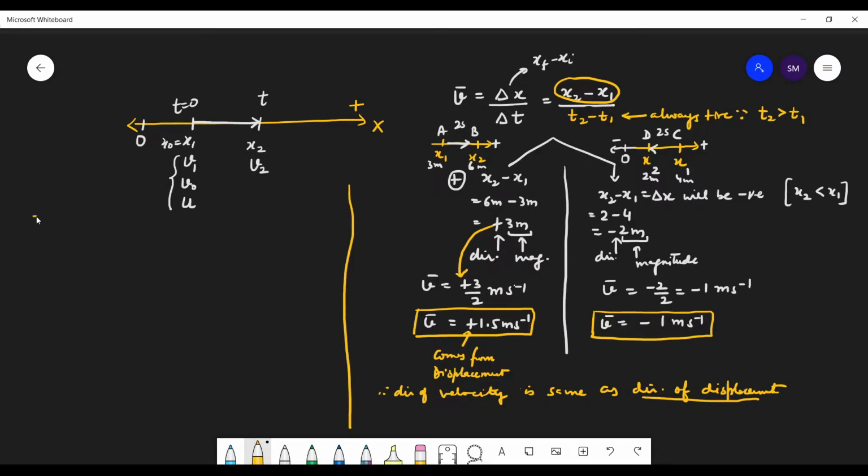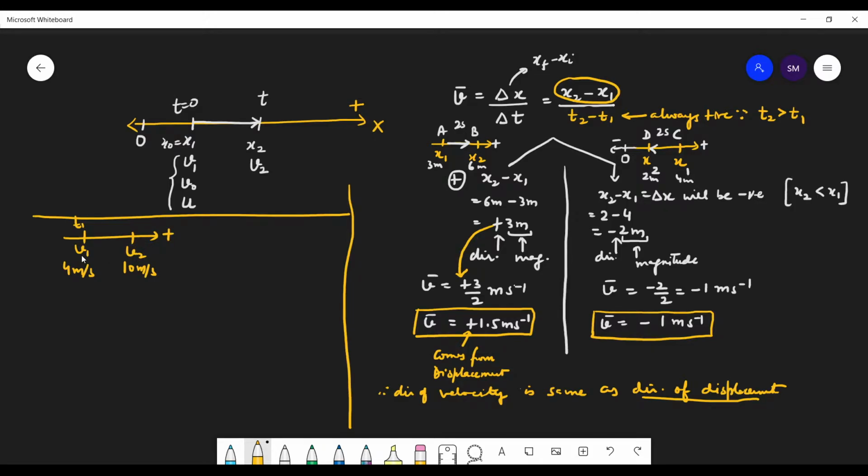Now comes the acceleration. See, we have two cases. Like here, the velocity v1, when I start observing at time t1, the velocity was 4 meter per second, and here the velocity becomes 10 meter per second, that is v2.